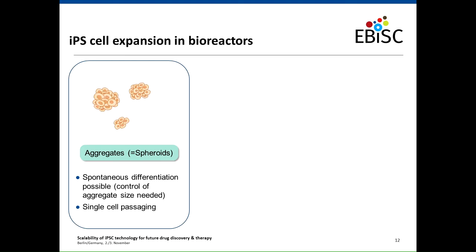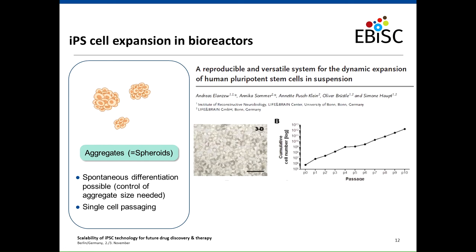If these clumps, the aggregates, are too large, it's always quite difficult to dissociate them again. Nevertheless, within our consortium there was already quite some success in establishing iPS expansion using aggregates in suspension.